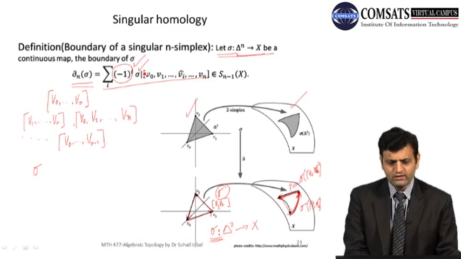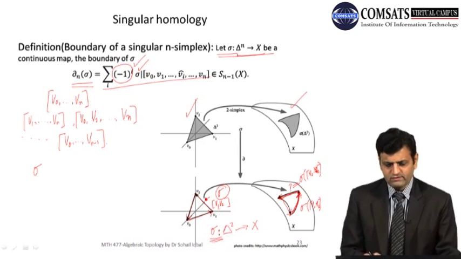Okay, so how to restrict the domain of a function? For example, in this case when we are discussing the standard two simplex, it is the set of points contained in this shaded triangle. This sigma is a function which will take each and every point of this shaded triangle to this shaded triangle.